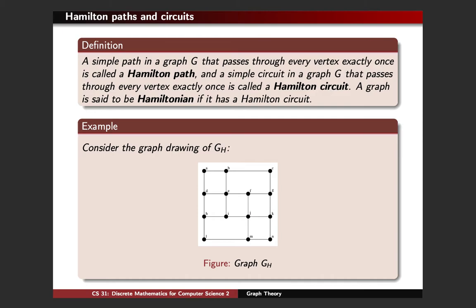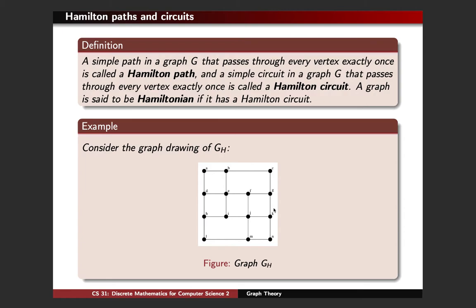Kung ang isang graph represents a town, for example, itong graph na to, ang bawat vertex ay bahay and ang bawat edge ay street. So, pwedeng mong isipin na yung Euler path or Euler circuit, gusto mong daanan lahat ng streets.